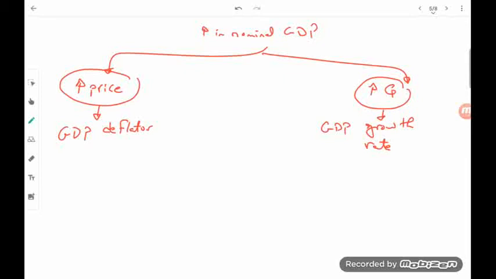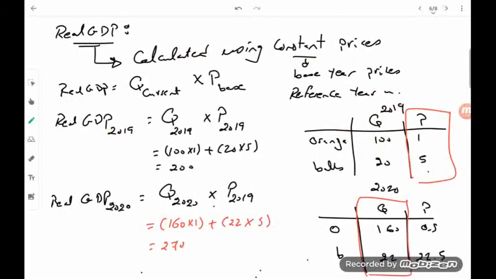So now, how to calculate GDP deflator and what is meant by GDP deflator? As we said, GDP deflator is an indicator of the change in the general price level.